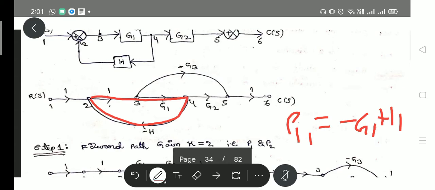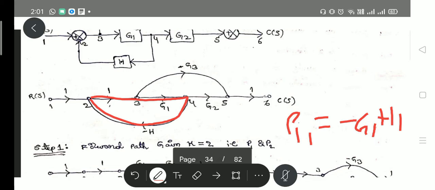Then what is the next step? Two non-touching loops. Here only one loop is there, so we cannot find two non-touching loops.